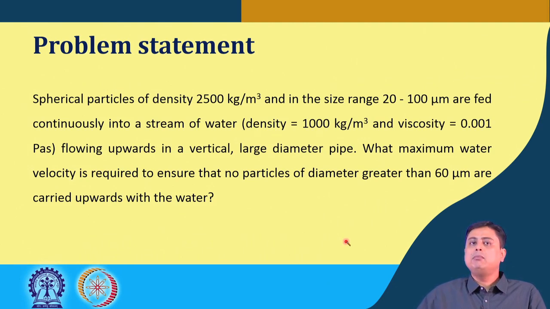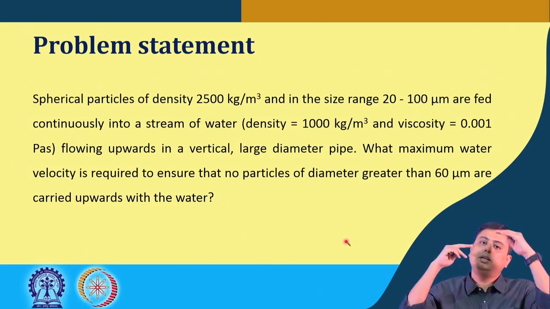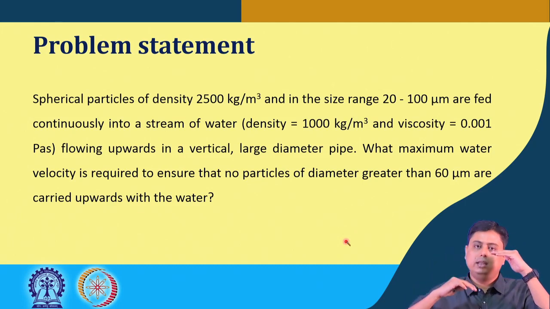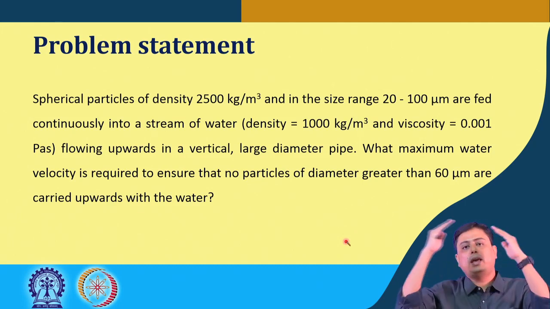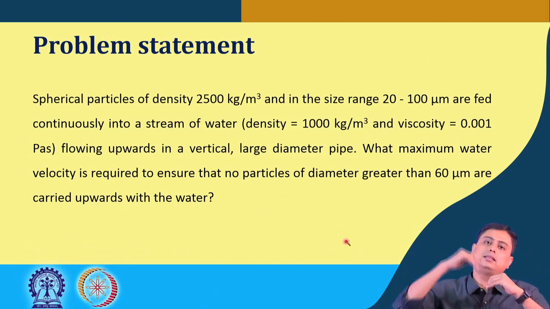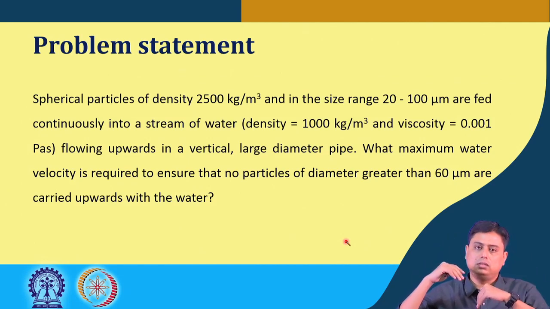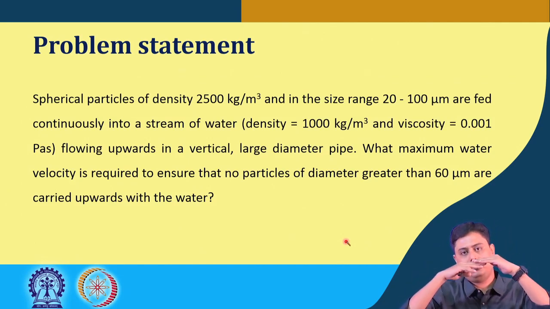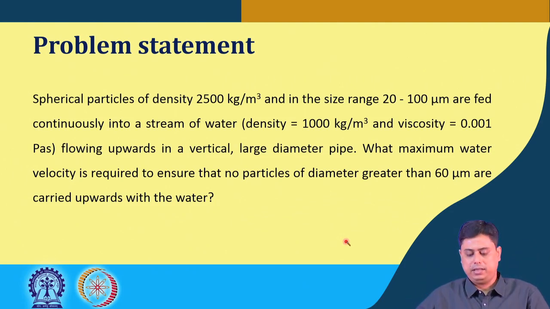What is the maximum water velocity required to ensure that no particle of diameter greater than 60 micron is carried upward? So, again we come back to the concept of terminal velocity in the flowing stream of water. If the terminal velocity is lower than the water velocity, it will be carried upward. If it is higher than the fluid stream velocity, it will come downward. If it is the same, it will be stagnant at a position. This concept we again have to apply here.